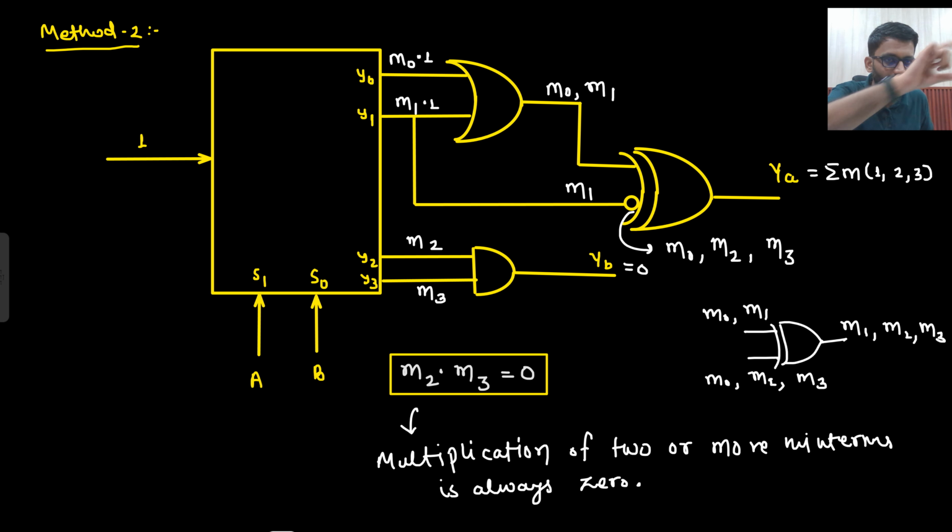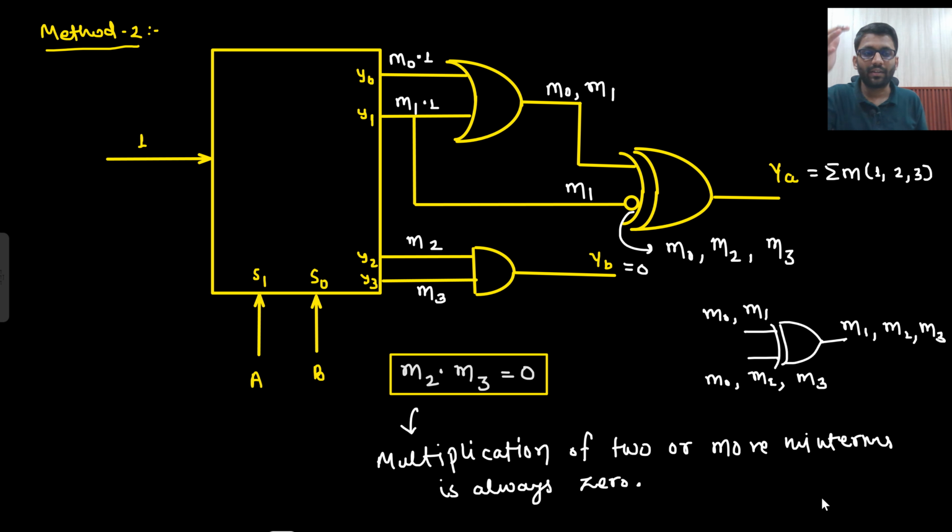Remember this statement? Multiplication of all the maxterms is 0. And here multiplication of 2 or more minterms is always 0. So addition of 2 or more maxterms will always be 1.